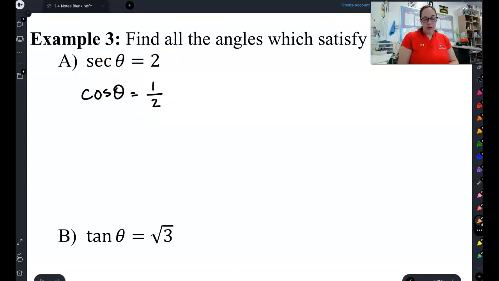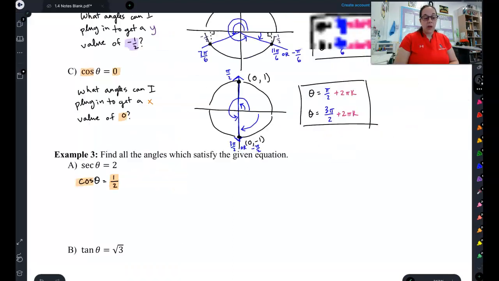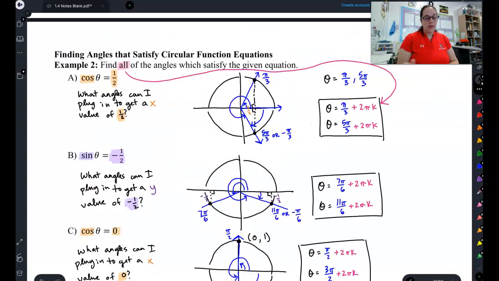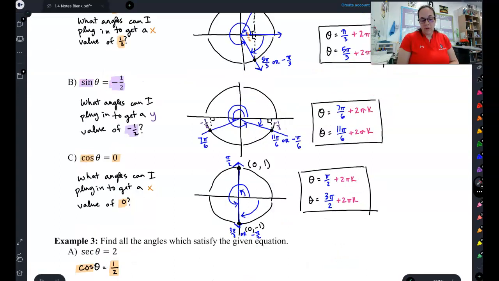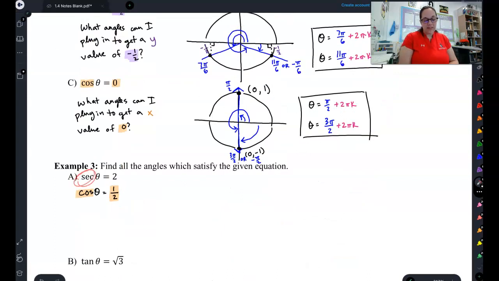And now we see I want to know where the cosine, or the x value, is 1/2. And we actually already did that problem. That's right up here, example 2a, where the cosine value is 1/2. So it's going to be the same answers. These are the angles that I plug in that give me a cosine value of 1/2 or a secant value of 2.